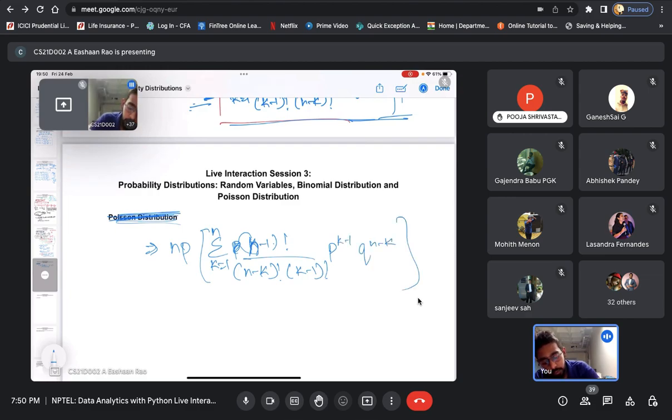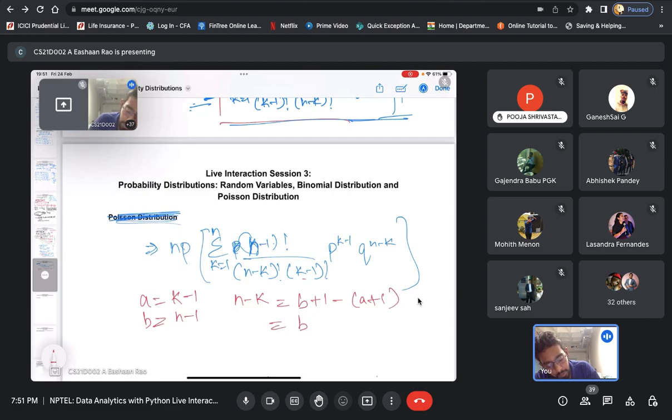Now I'm going to substitute certain values. Let a equal k minus 1, and b equal n minus 1. I'm just substituting this n minus 1, k minus 1 in a different way, and n minus k would be b plus 1 minus a plus 1, so it will be b minus a.